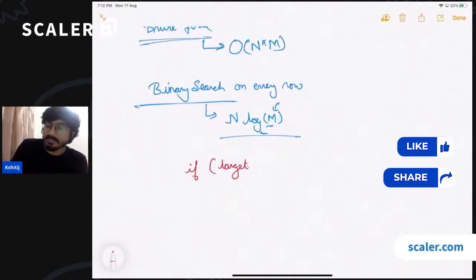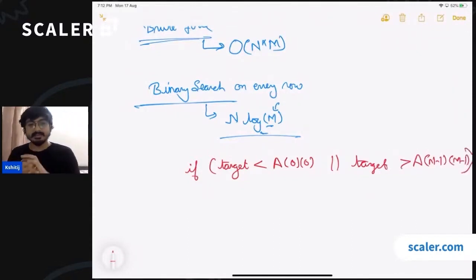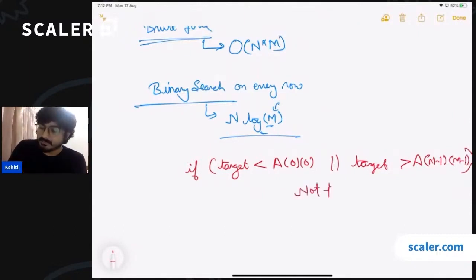If your target is less than 0, 0, or your target is greater than the last element that you have, which is present at n-1, comma n-1, can we say that this target is not present in the matrix? Yes.